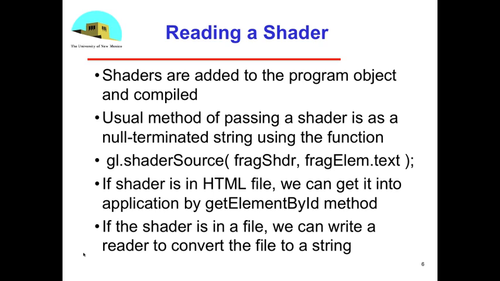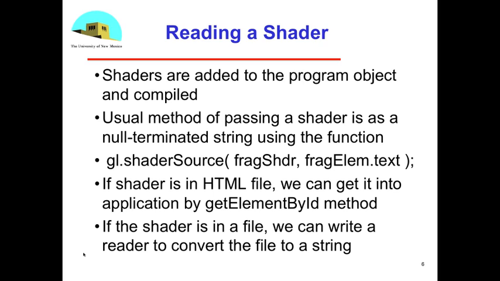Sort of in principle, what you'd like to do is just get a null terminated string from somewhere. So this is the OpenGL. If you have that null terminated string, you can use the function GL shader source to then say, I've named my fragment shader, or here we're just calling it frag shader, and the text is in frag element dot text.